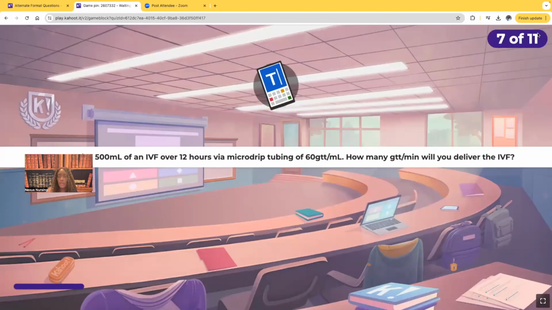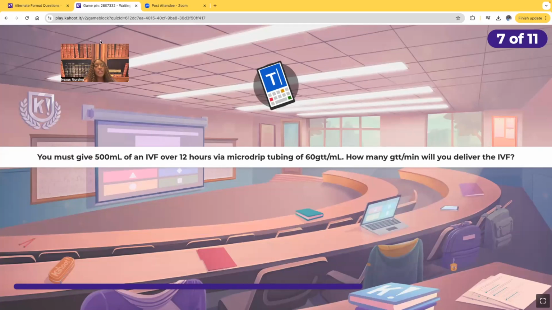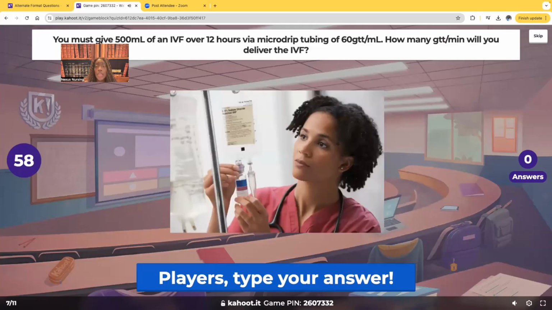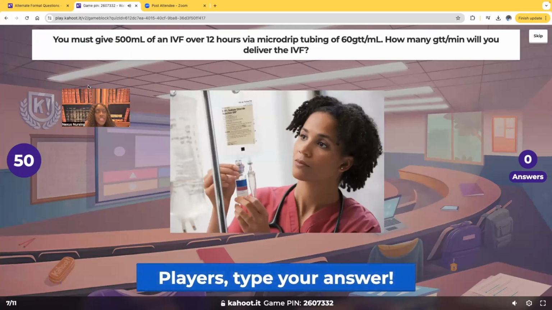Type your answer. You have to give 500 milliliters of an IV fluid over 12 hours via microdrip tubing, which is 60 drops per mL. How many drops per minute are you going to deliver? So you have to give 500 mLs of a solution via microdrip tubing, and the delivery is going to have to be over 12 hours.